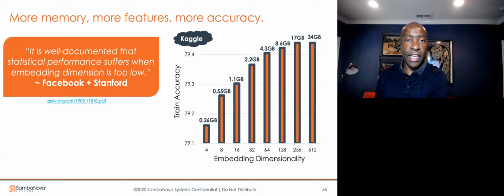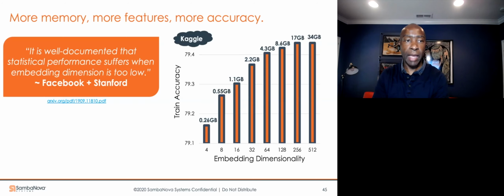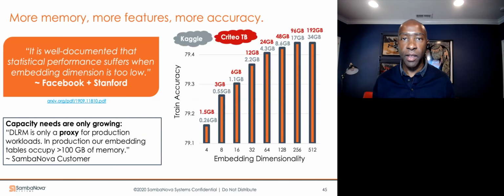And the key to accuracy in recommenders is the size of the embedding tables, which capture user preferences, right? And so this shows that the training accuracy gets better as you increase the size of the embedding dimensionality and the size of the embedding table for multiple different kinds of benchmarks, Kaggle and Criteo TB.